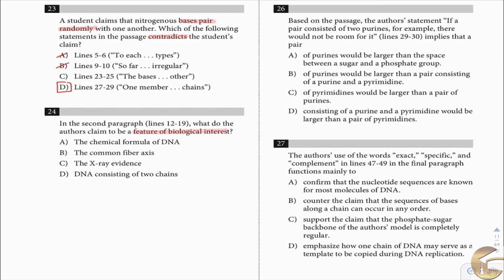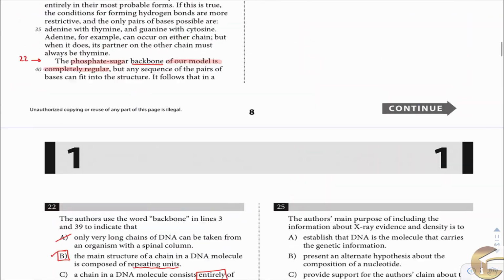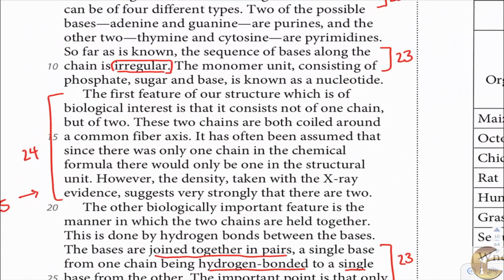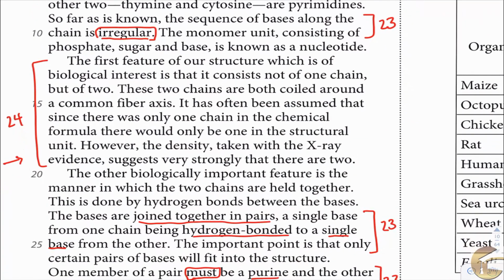This is going to be lines 12 through 19. So here we go. The first feature of our structure, which is of biological interest, is that it consists not of one chain, but of two. So right off the bat, I am seeing the biological interest is that you have two chains.